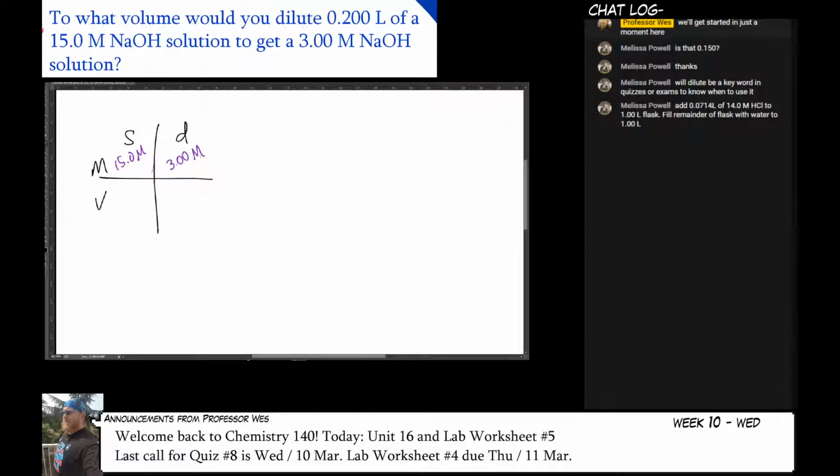Now the question is asking, to what volume would you dilute 0.2 liters of a 15 molar solution? So the 0.2 liters must be this. So we're going to solve for the dilute volume. In other words, what the question is asking is, what will the final volume be of your solution if this is what you're starting with and this is what you want as your molarity at the end?